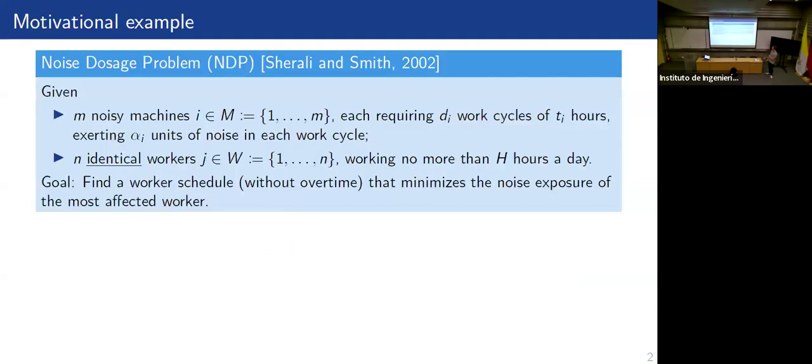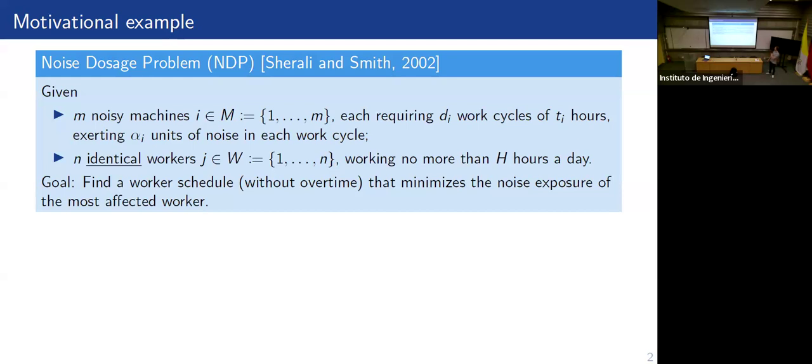So let's get started with a small and simple example of a mathematical program that contains symmetries. It's the noise quotient problem introduced by Sprally and Smith. The idea is that we have a certain number of machines, and these machines need to be operated by some workers. We have m noisy machines and we have n workers.